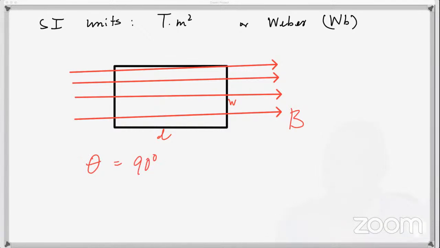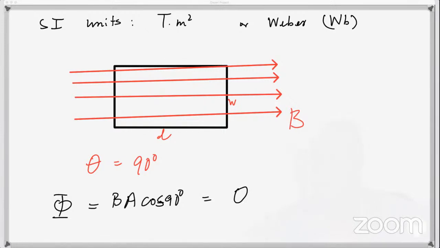And so the magnetic flux in this case is equal to B times A times cosine of 90 degrees. And cosine of 90 degrees, you can all verify, is 0. So there is no flux in this case.